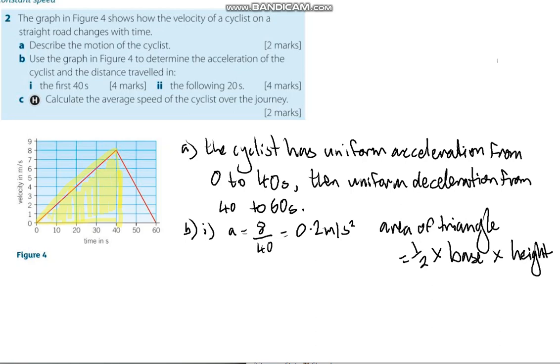So in this case our base is 40 seconds, so the distance travelled, which remember is the symbol s, is a half times the base, which is 40, times the height, and the height of the triangle you can see on the graph is 8. So our distance travelled therefore is a half times 40 times 8, which equals 160 meters.